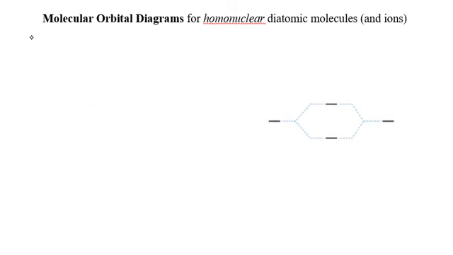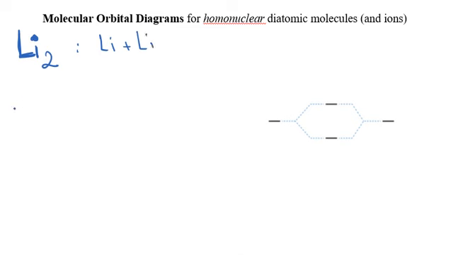Right now, I'm asking you to focus on this example, Li2. Let's see, do we have Li2? This is one of the examples we may consider for s orbitals.